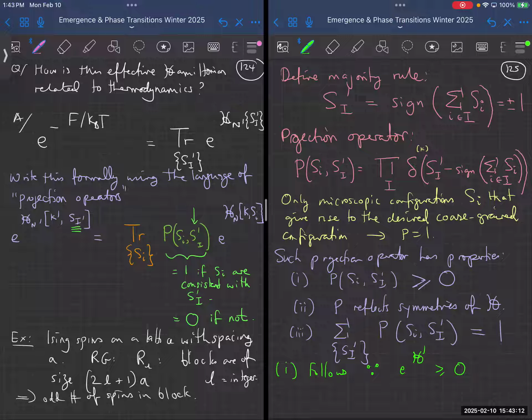And so then I can take the log, and that gives me that p is greater than or equal to 0. So that's the first thing.